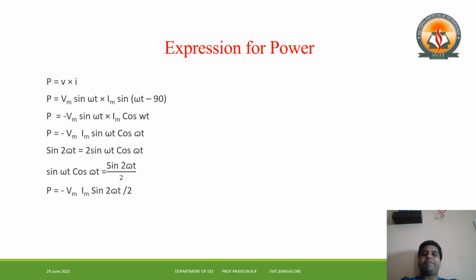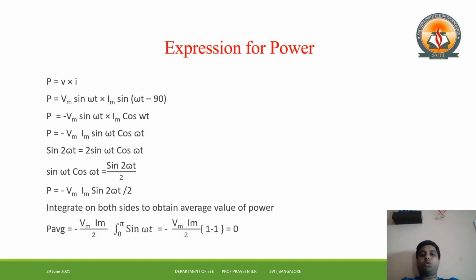The limits we have to consider are 0 to pi. So cos 2 pi minus cos 0 is 0. 0 into Vm Im by 2 is 0. Therefore, we obtain that the average power of a pure inductive circuit is 0.